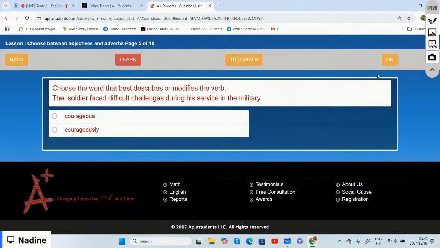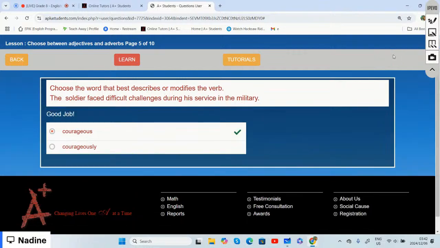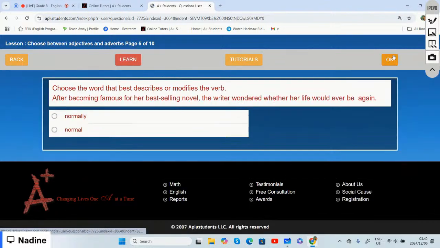And if we were to choose the correct option, then we can say the courageous soldier describes and tells us what kind of soldier it is. The courageous soldier faced difficult challenges during his service in the military.